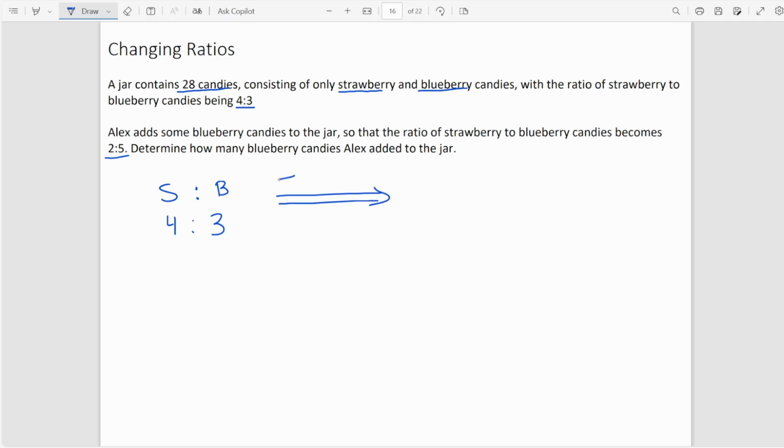Okay, so what happened is that we added blueberries. And now our ratio of strawberries to blueberries is 2 to 5. Now what I want to know is how many blueberry candies did I add?